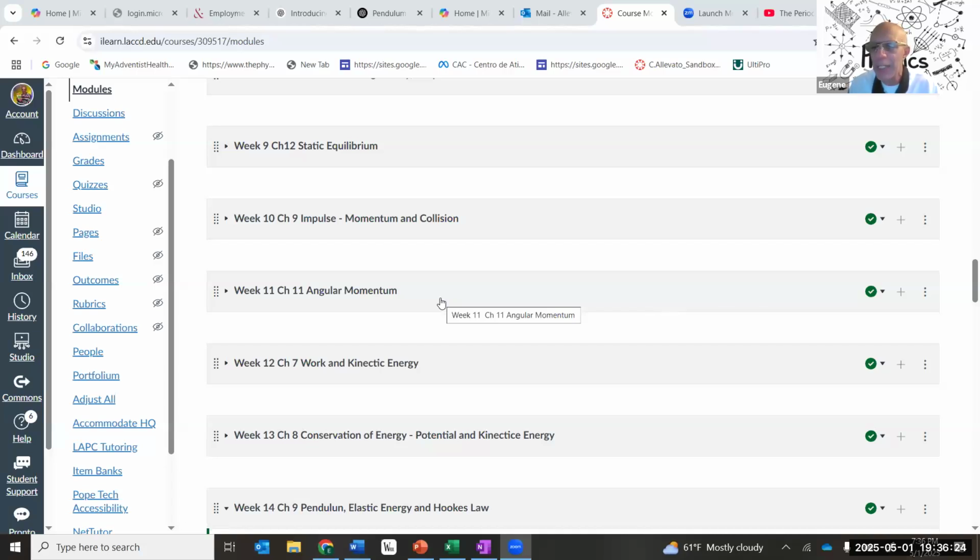L equals I W, if you guys remember that. And that is conserved. So if the initial moment of inertia is a high value, like when I extend my arms, that increases the moment of inertia, the resistance, right?